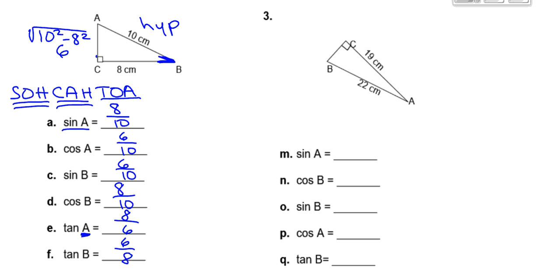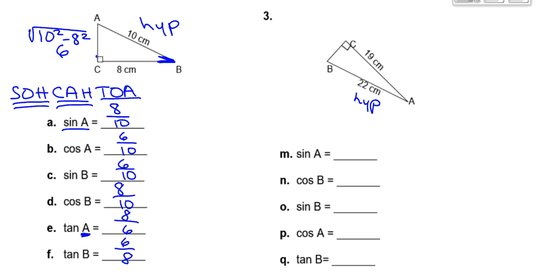Your job now is to finish this worksheet if you can during class today. It won't be due until this set of worksheets is due, but this is your class time to work on it. In this next one, notice the hypotenuse is that 22.